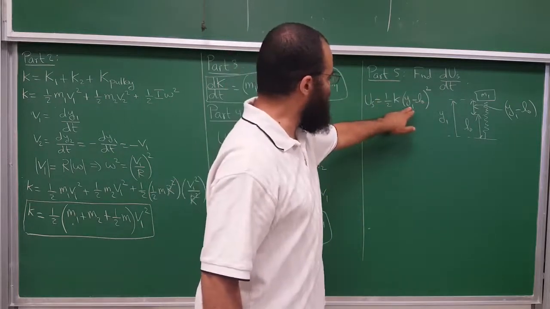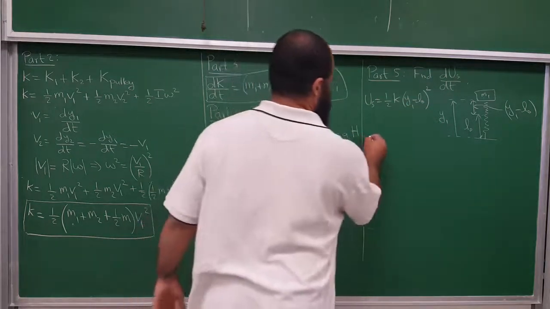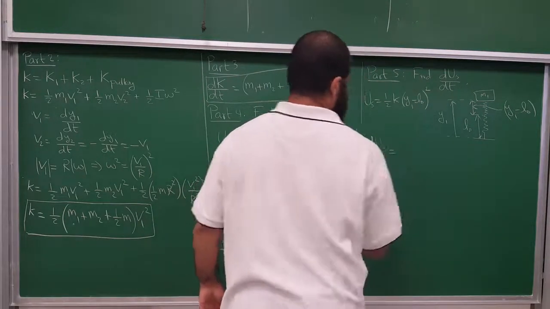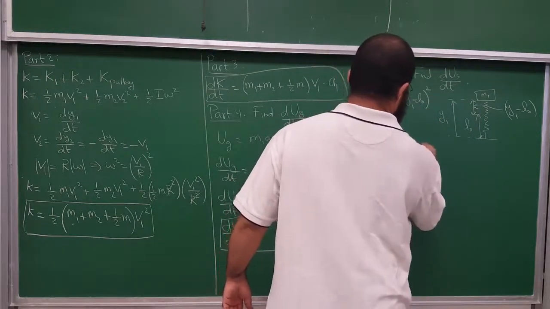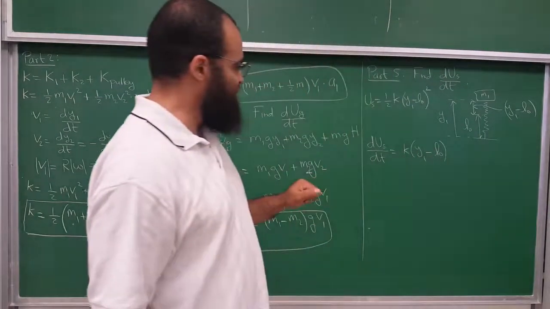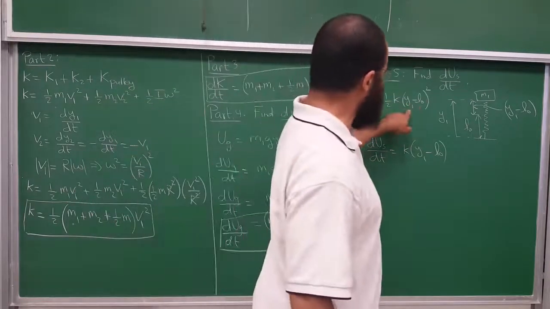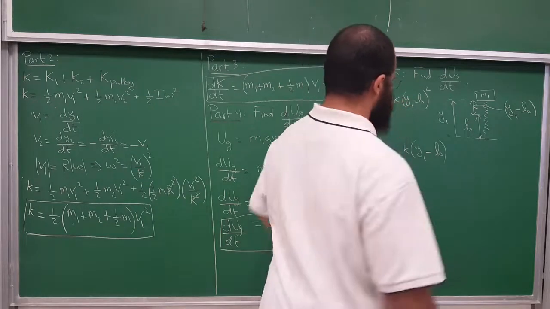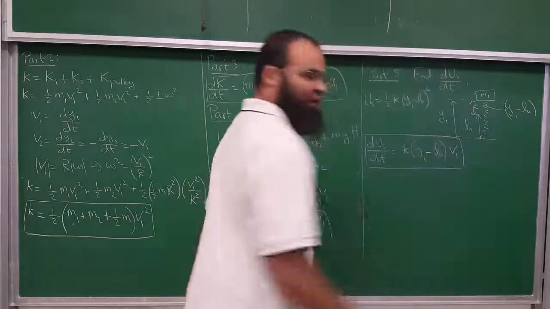So let's take the time derivative of this. dU spring dt will equal, the 2 comes down, so you have just k, and then y1 minus L0. But the chain rule says you have to take the derivative of the inside. L0 is constant, so its derivative is 0. So this is dy1 dt, which is just v1. So let us put a box around this.